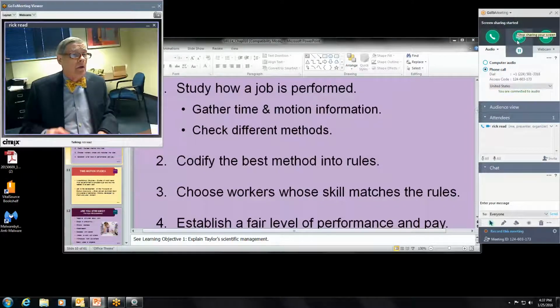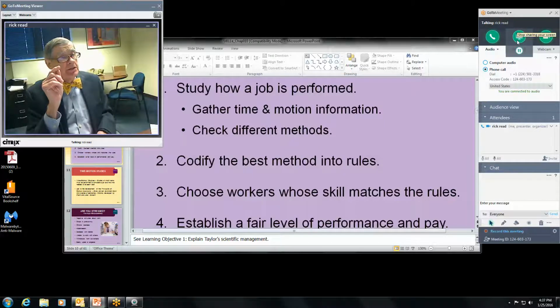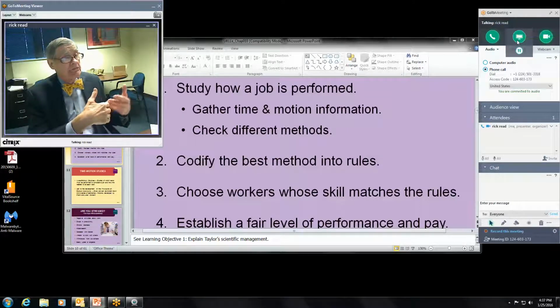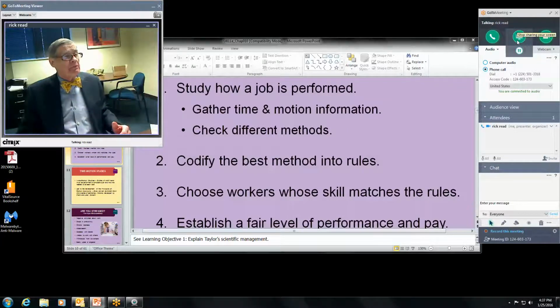So notice what he talked about. He said to managers, you need to know how the job is performed. So you need to gather information about time and motion, perhaps do some comparing and contrasting to find the best way to do things. Once you've found the right way to do things, write them down and put them in rules and policies and procedures so that people follow.